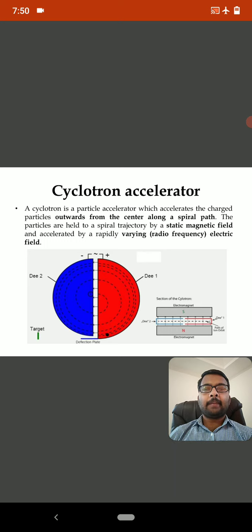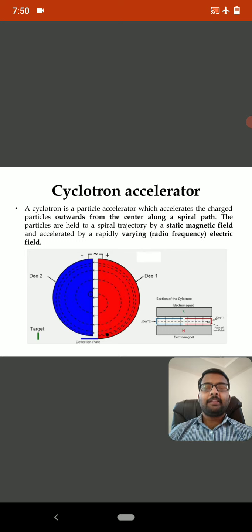This rapidly varying electric field can be achieved with the help of a radio frequency generator. So this is the cyclotron accelerator, which accelerates the charged particles outwards from the center along a spiral path.